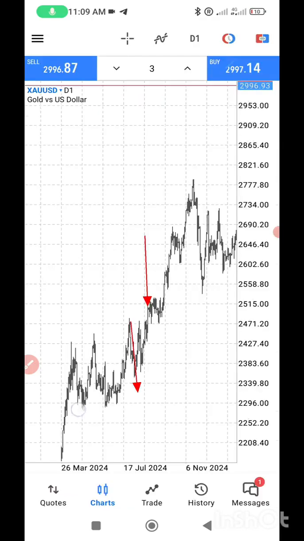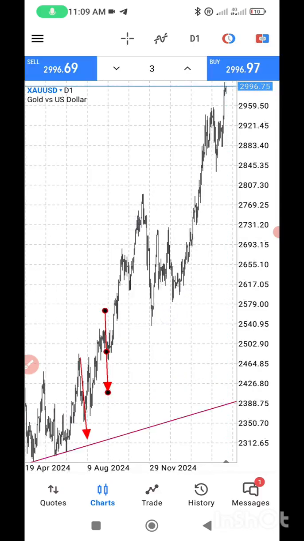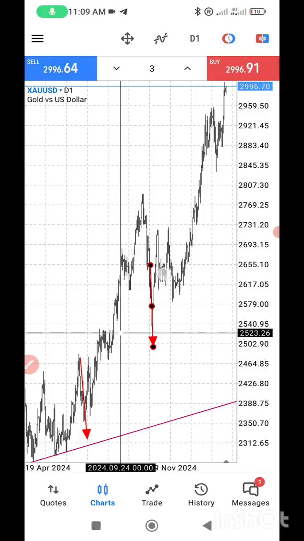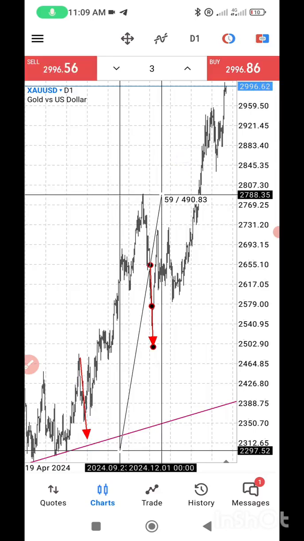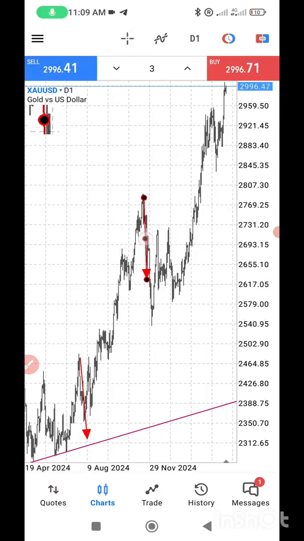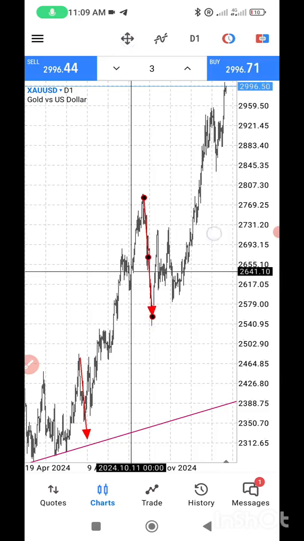So I can see right here the market is failing to break this level, or as price approaches this line, there is high probability of buys. And so when we reach here, we'll have this wave from this source to here, and this is over 490 points. So we have this pullback. This doesn't mean the market has changed trend.